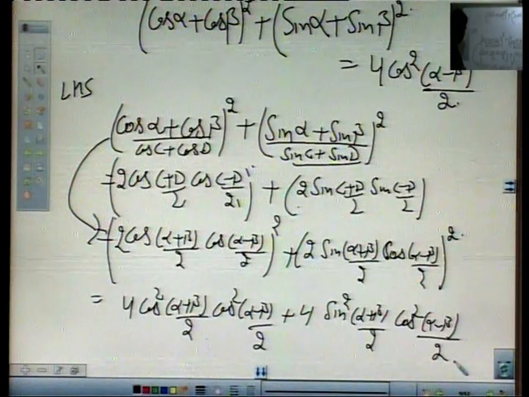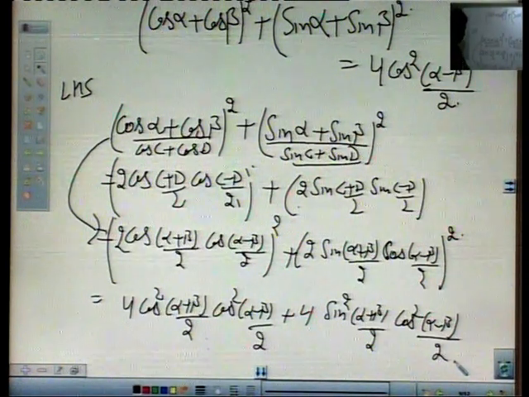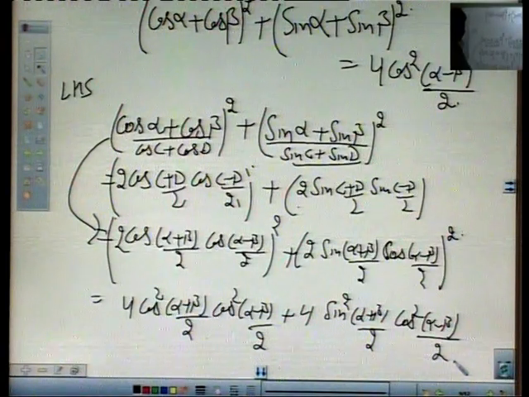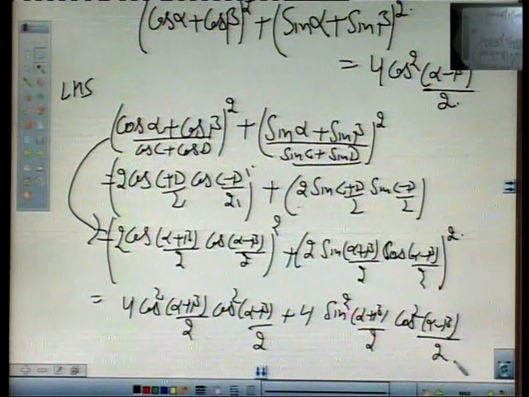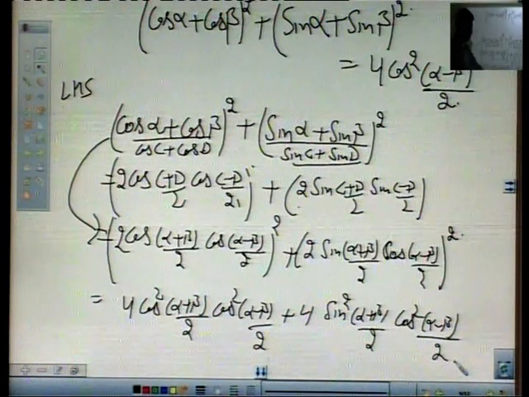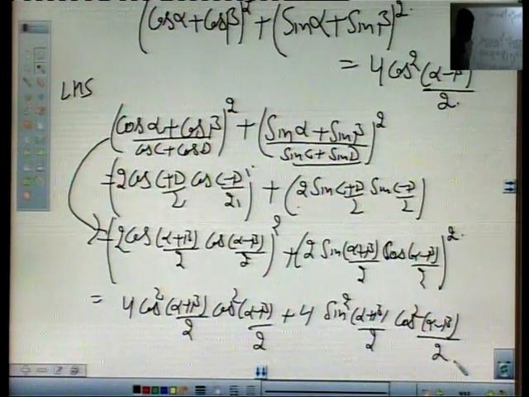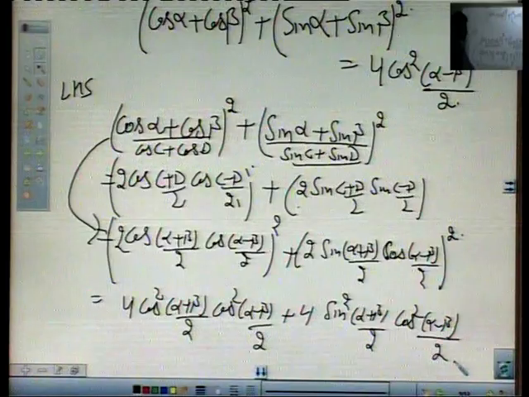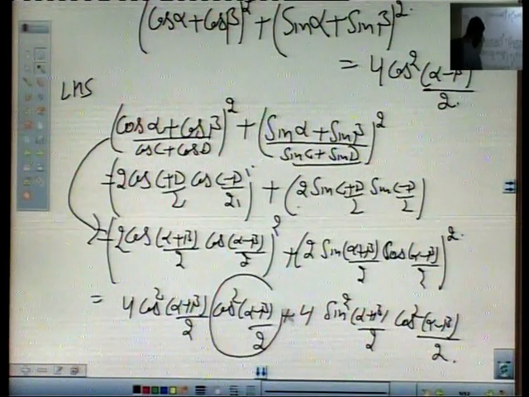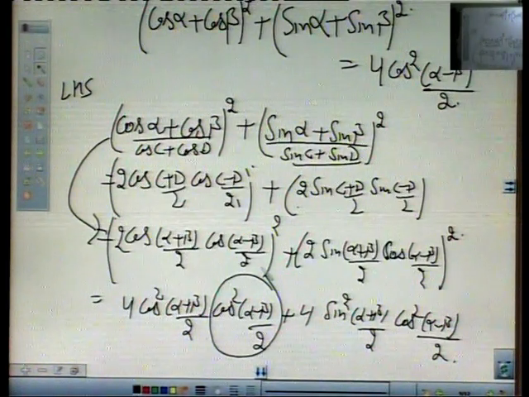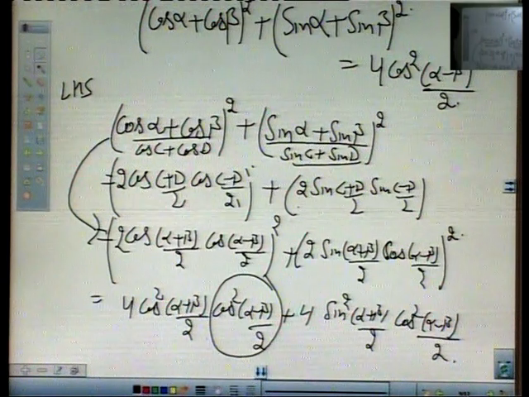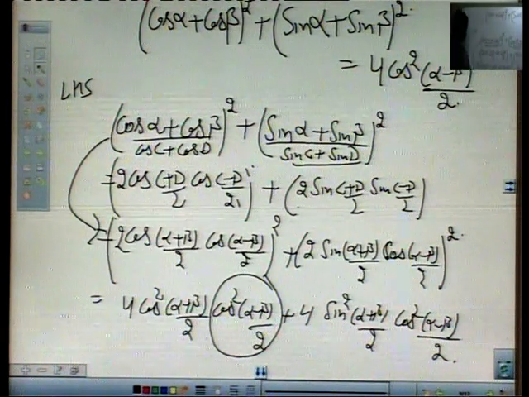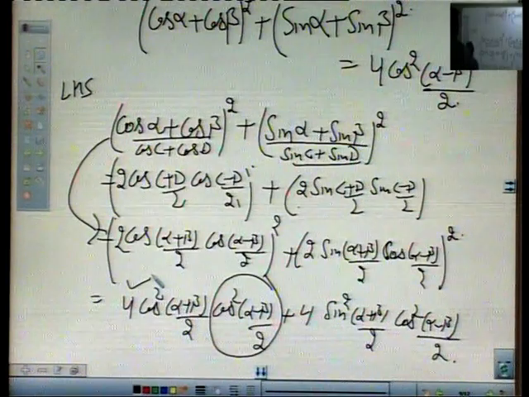Now you see we have common cos square alpha minus beta by 2. Take this cos square alpha minus beta by 2 outside, and of course 4 also outside.